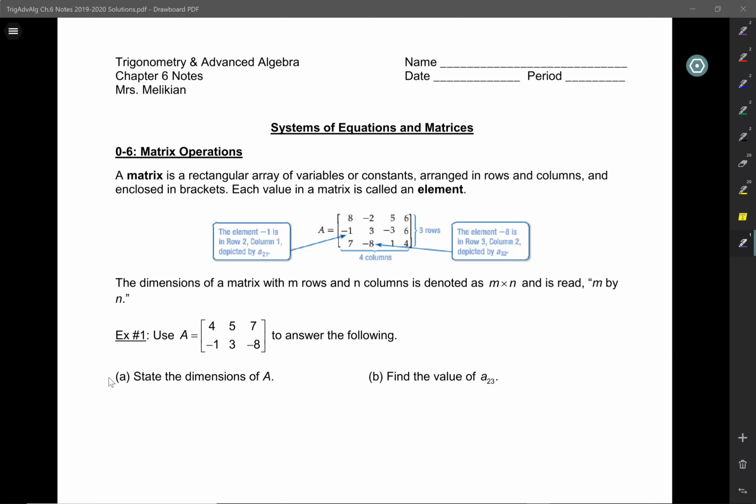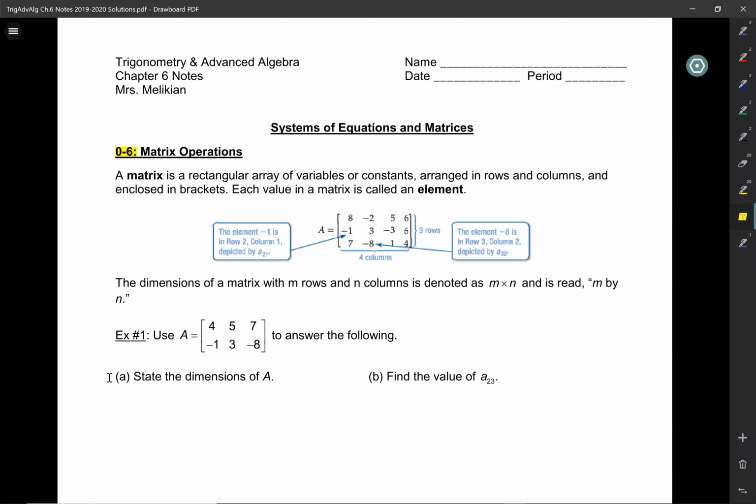Lesson 6 in chapter 0 is an introduction to chapter 6 in the book. So when I say 0.6, that's exactly what I mean. This is chapter 0, lesson 6. And when you do your homework, that's where your homework is going to be from.